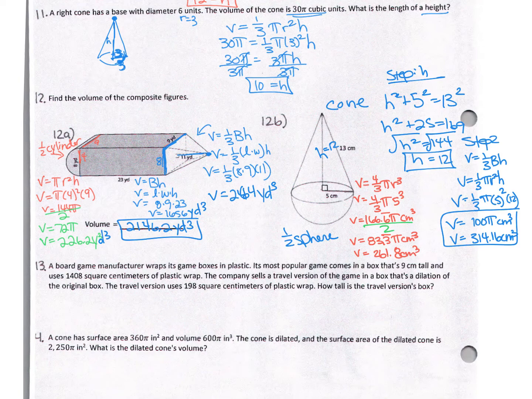So at this point, it's time for me to add up my half a sphere and my cone. And it doesn't matter whether you use the decimals or the pi. So I'm going to add the 83.3 pi to the 100 pi. I'm going to add the 261.8 to the 314.16. Keeping in mind it's totally fine to have some different decimal places than me.